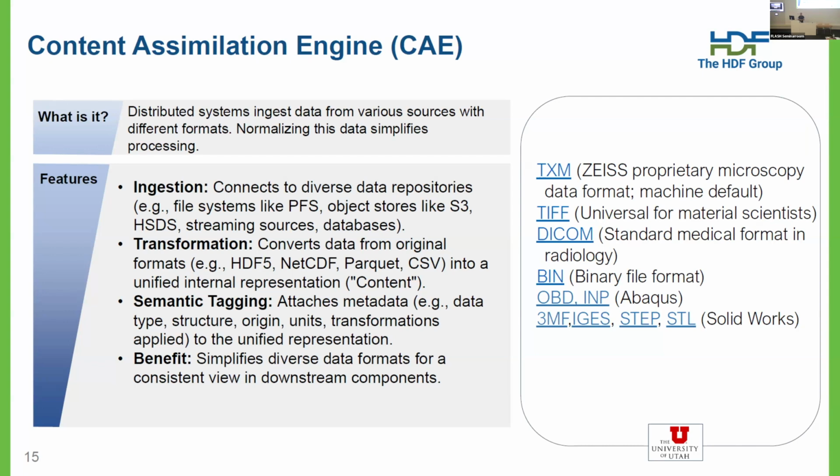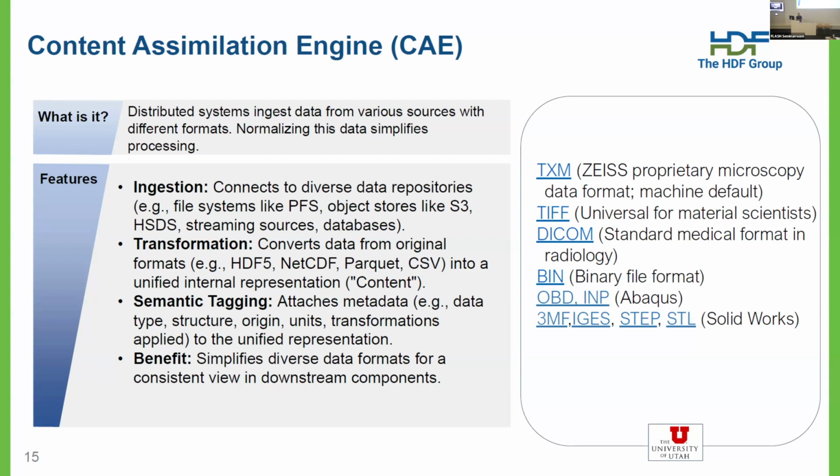Once it ingests it, it should know how to transform it. So if it's related to a standard like NetCDF or some Excel file, it should understand it and try to unify it into an internal representation within the IOwarp framework, and that's what we call content. And then once you do this internal representation, you have to keep some metadata around to explain what you did to get it into this unified format.